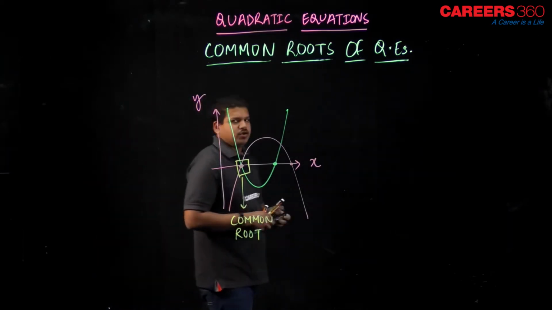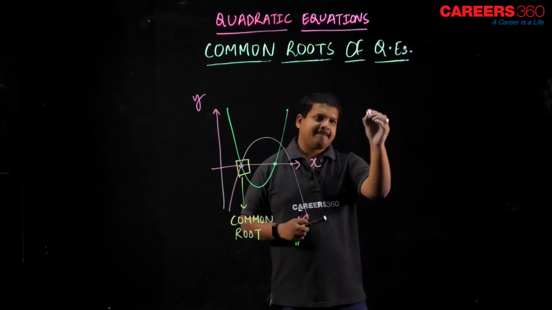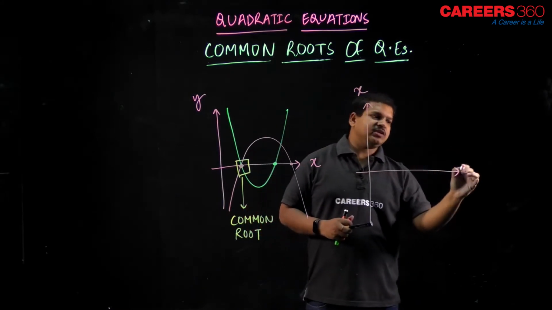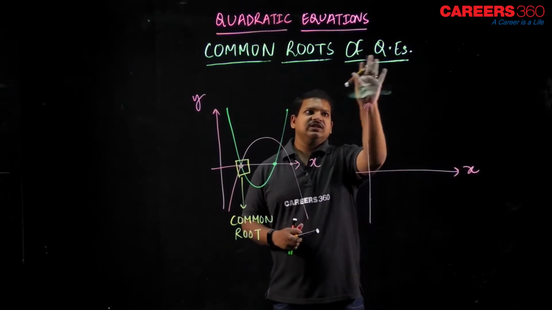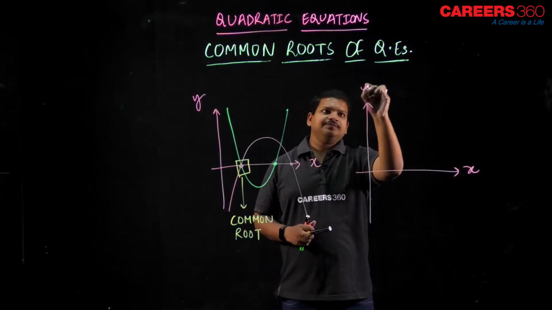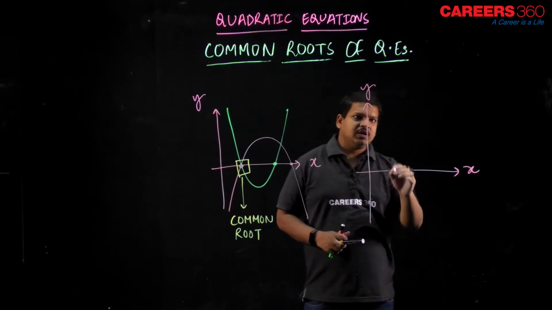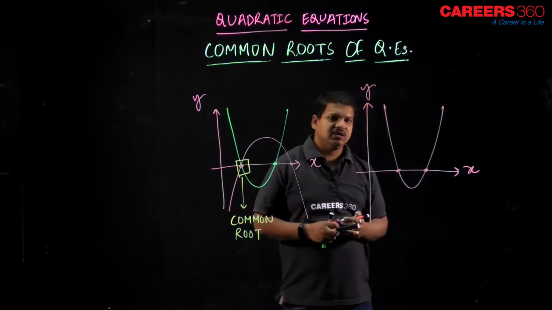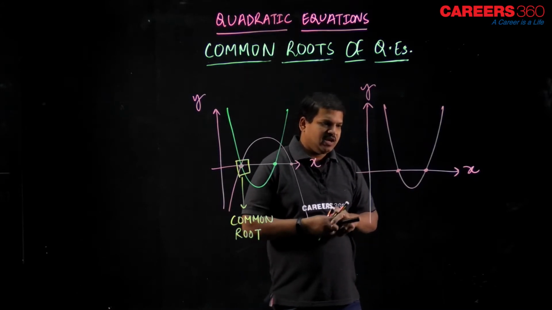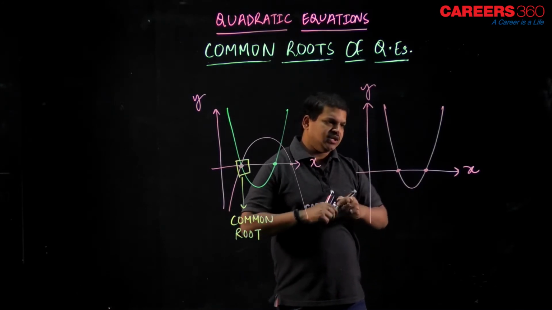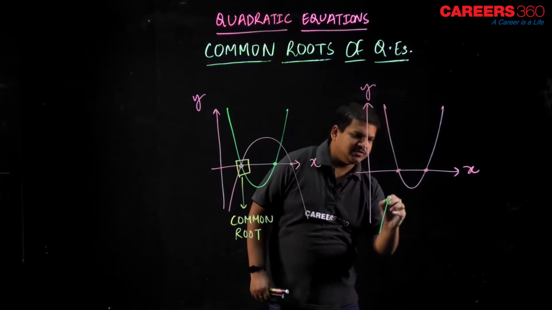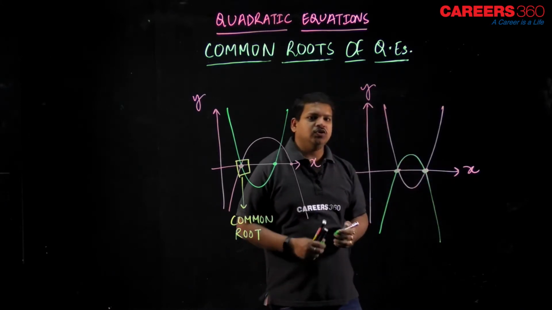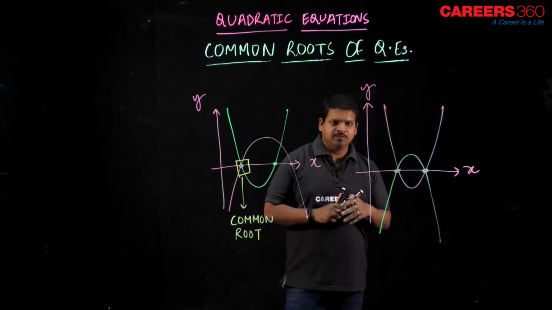Let's see one more scenario. This is x, this is x and this is y. Now let's say there is this quadratic equation whose roots are these 2 points, and now another quadratic equation comes something like this, and where both of the roots are common.